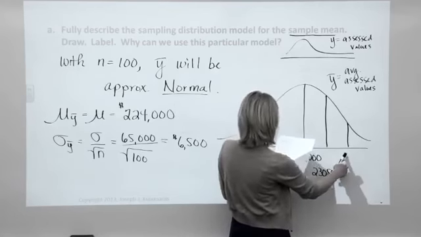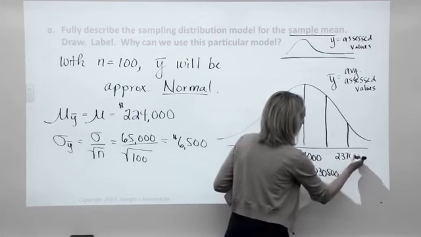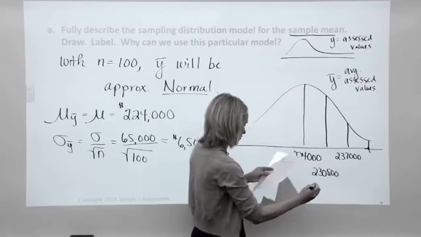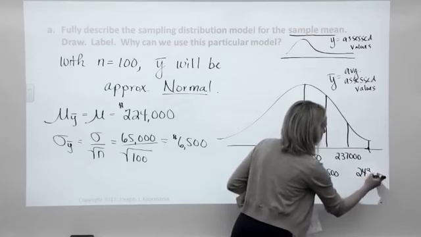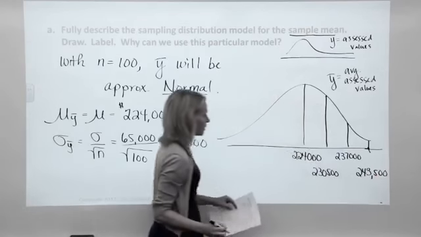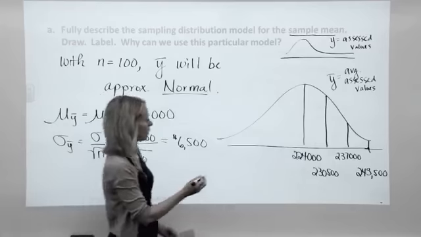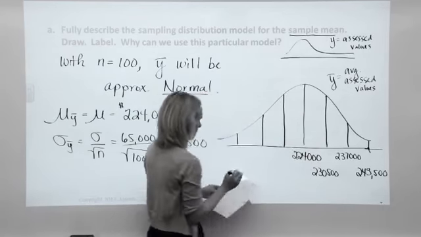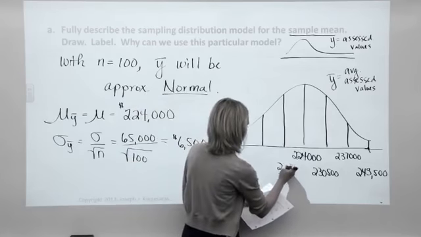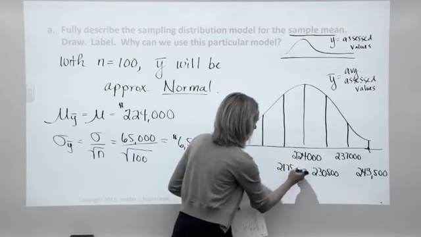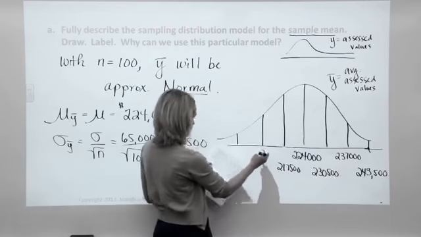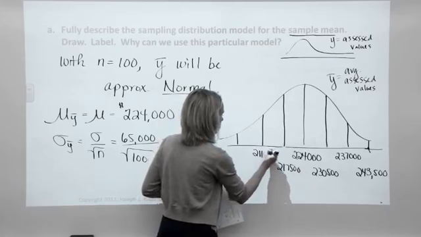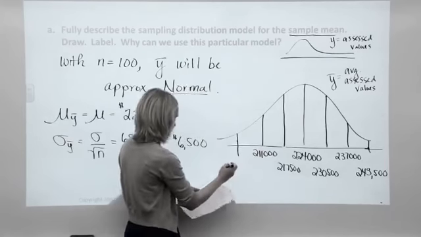If I go up a second standard deviation, I'm at 237,000. And if I go up a third standard deviation, I'm at 243,500. And we'll do the same thing the other way. I'm just sort of staggering those numbers just so you can still read them, but this is one standard deviation below. Here's two standard deviations below, and here would be 3.